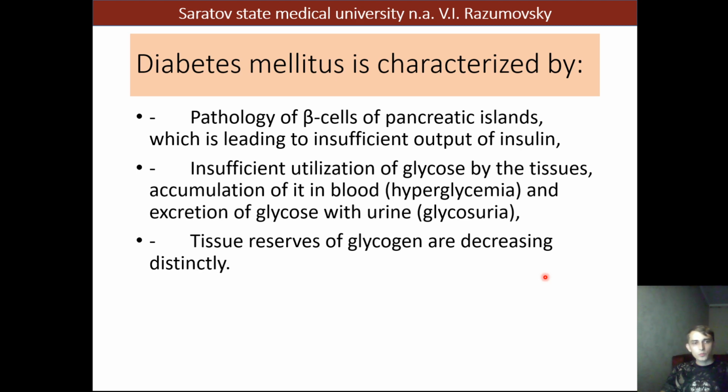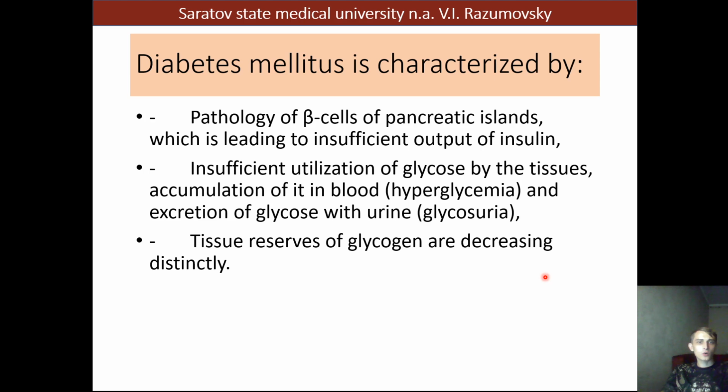The most important part of carbohydrate degeneration is met in diabetes mellitus. Diabetes mellitus is characterized by pathology of the beta cells of the pancreatic islets, which leads to insufficient output of insulin.